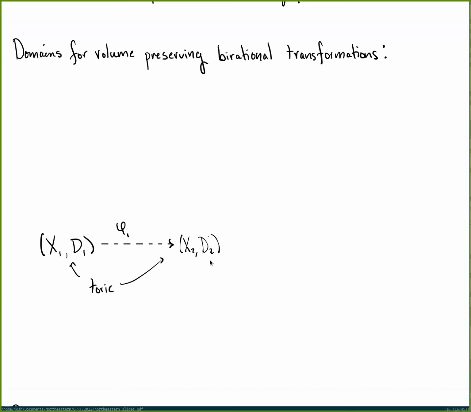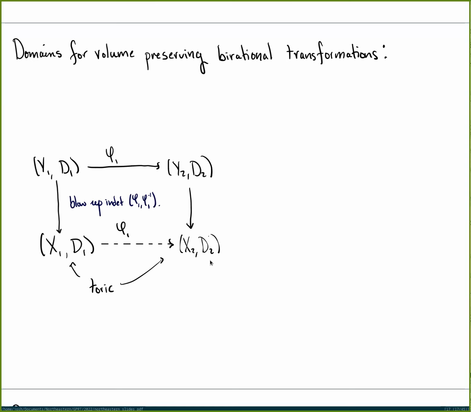From the resolution of surface singularities, I can blow up some points in the indeterminacy locus of phi and its inverse to get an honest biholomorphism. If it's indeterminate at some point, I just blow up that point, and I can do this finitely many times to get an honest biholomorphism. This is one of these morphisms of log Calabi-Yau surfaces, so it sends D1 to D2.